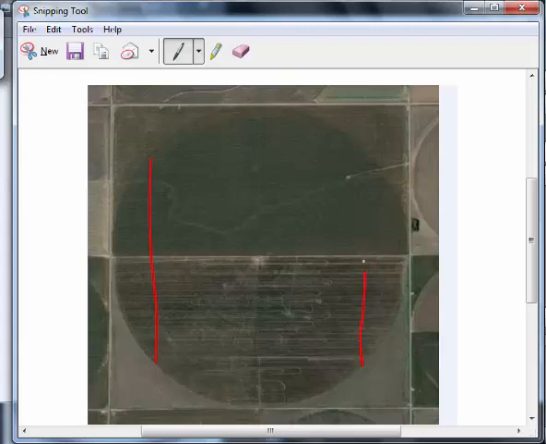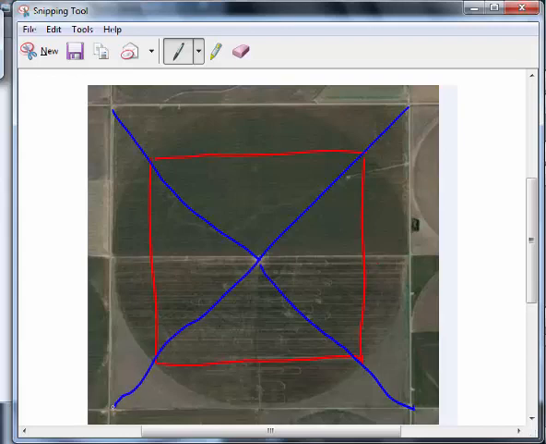It's kind of easy to do because what's going to be true is that the diagonals from the center of the circle are going to go through both of those corners of the circles. Well, we know that this is 1 mile on a side.